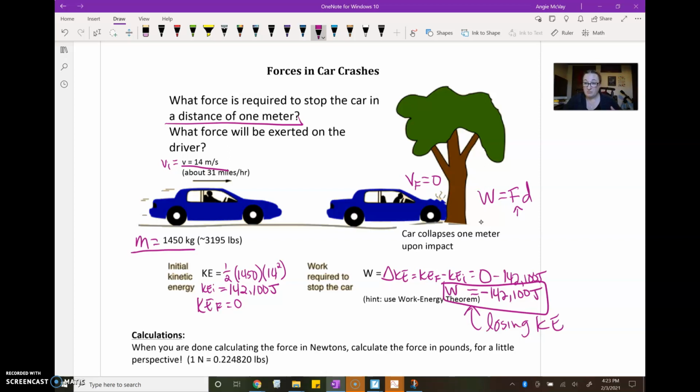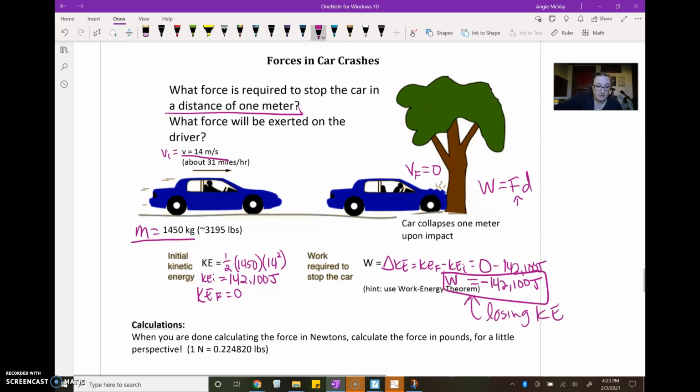There's empty space built in for this reason, for the reason of physics. It's called a crumple zone. And this activity, as we work through it, will show you why it's important to have a crumple zone, to have airbags, and to wear your seatbelts properly according to the work energy theorem.